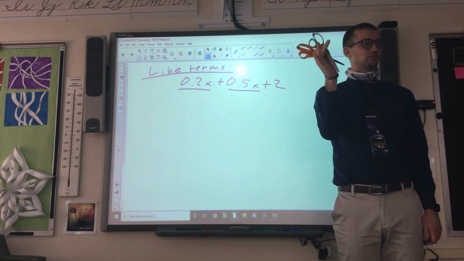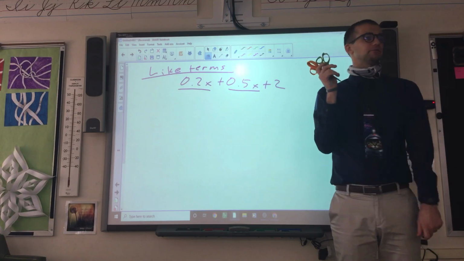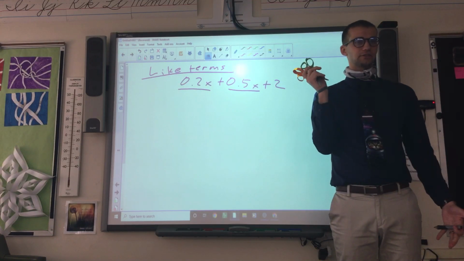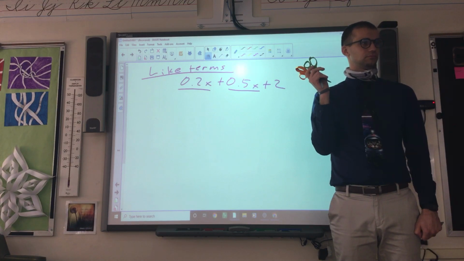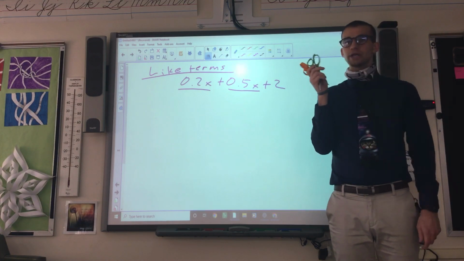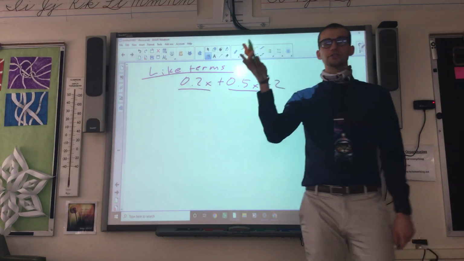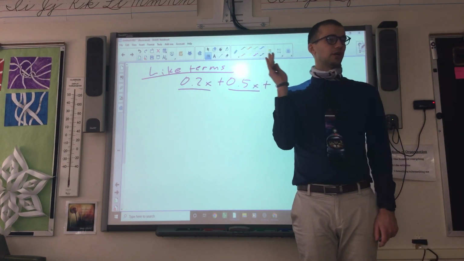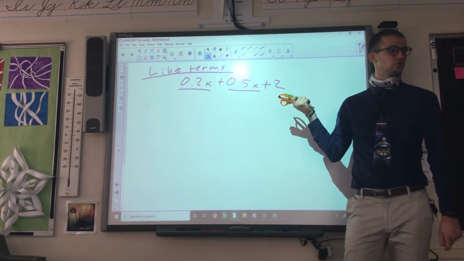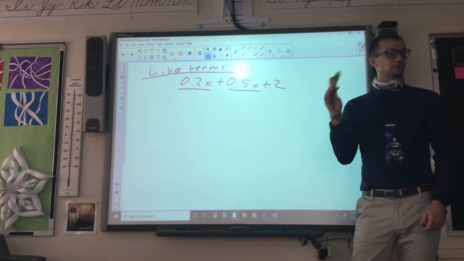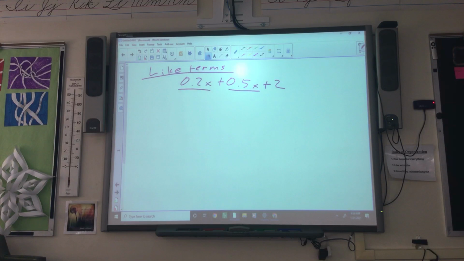Do you know what that something is? Potato chips? No, you don't know what it is. So you can't add 2 scissors plus an unknown of something else if they don't tell you what it is. So you can't add x and 2 because you don't know what you're actually adding together.